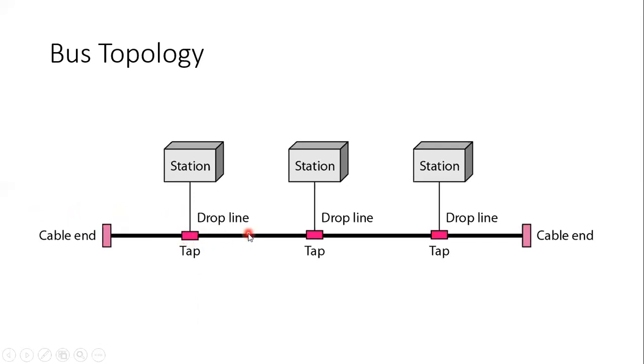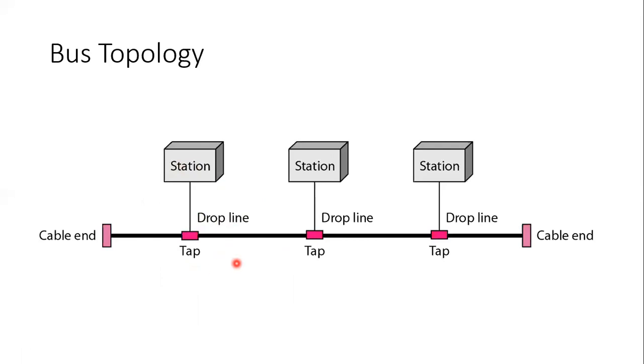Therefore, it becomes weaker and weaker as it travels further and further. That means we have to connect only a limited number of stations in this topology. For this reason, there is a limit on the number of taps a bus can support, and also the distance between those taps. So that is the major disadvantage in the bus topology.